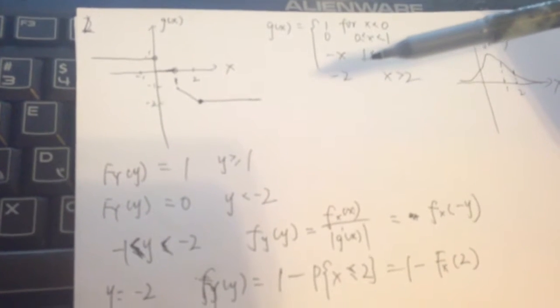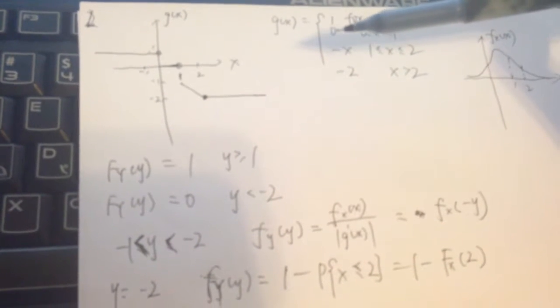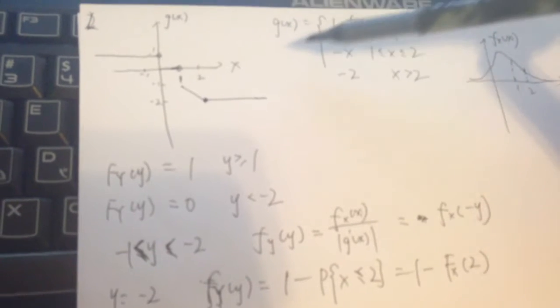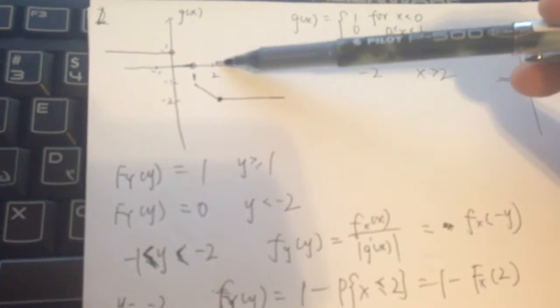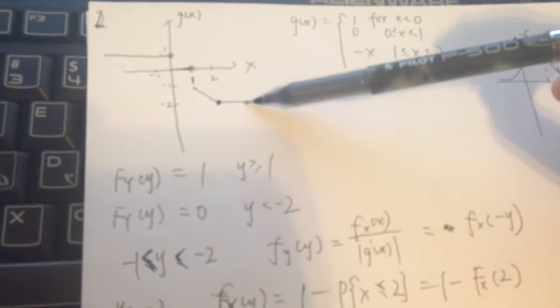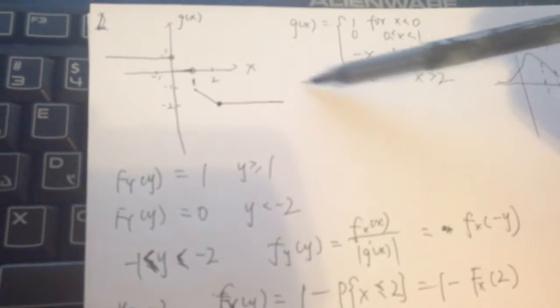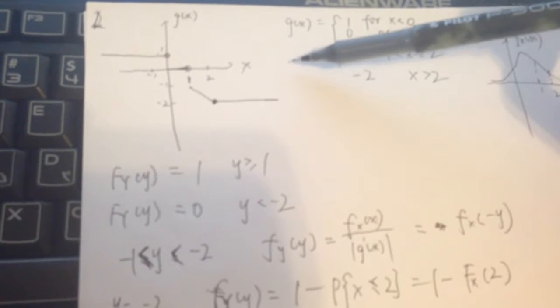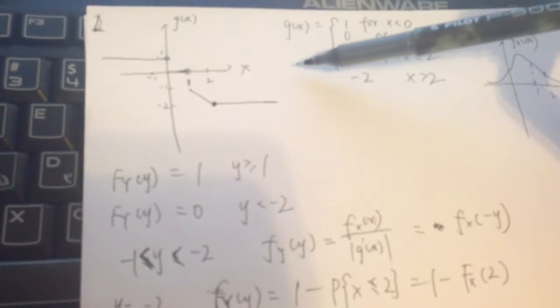But here we need to consider some impulse points. One is when y is minus 2. When y is minus 2, x is greater than or equal to 2.